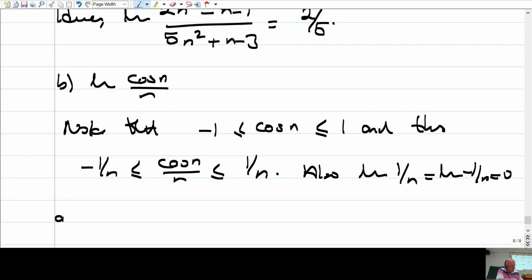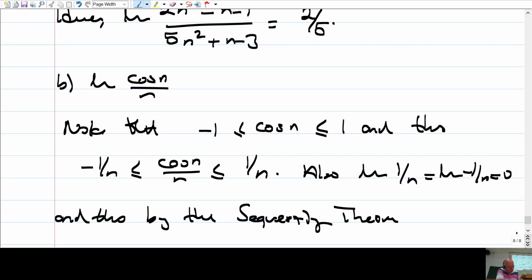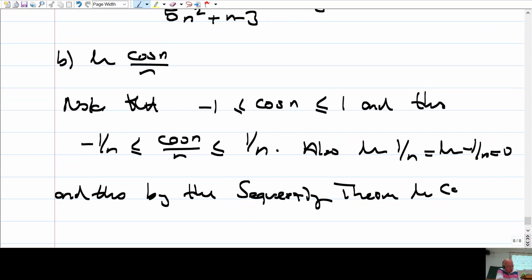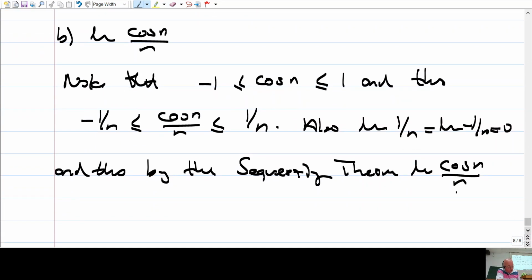And thus, by the squeezing theorem, this is convergent. Cosine n over n, this limit exists and equals 0, right?